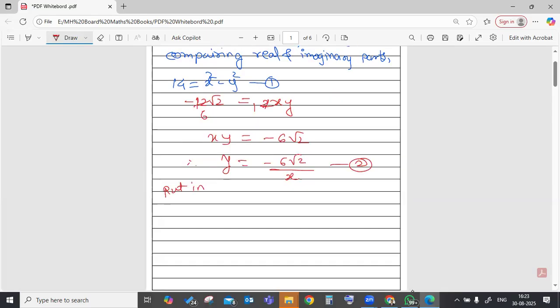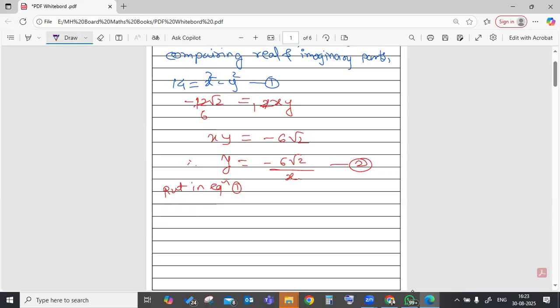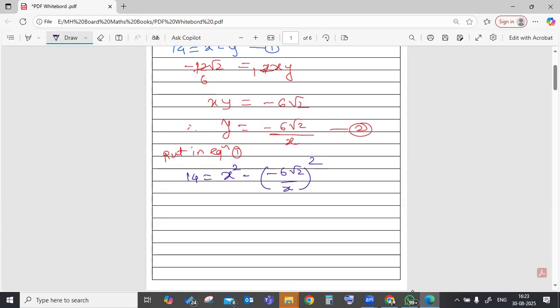Now put this in equation 1. Then equation 1 becomes what? 14 is equal to x square minus y square, that is minus (6 root 2 upon x) whole square, right?